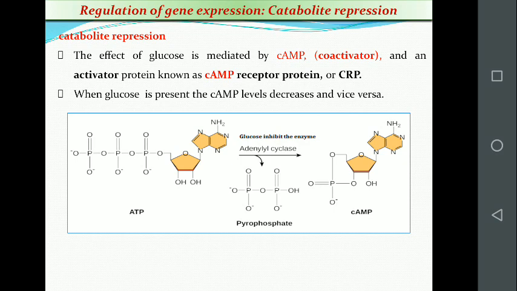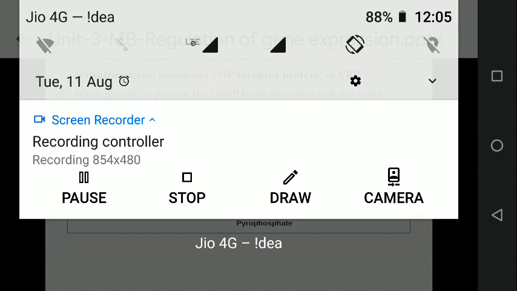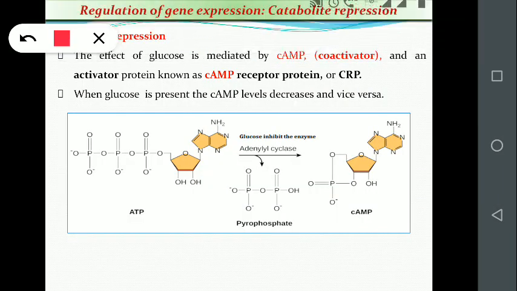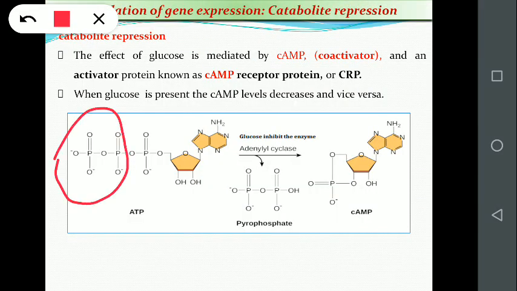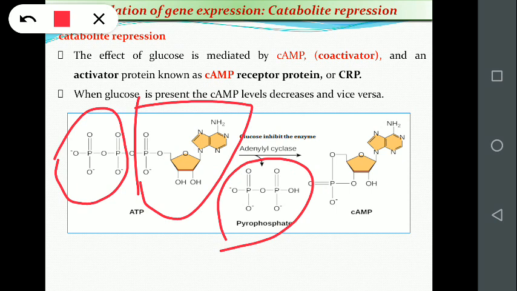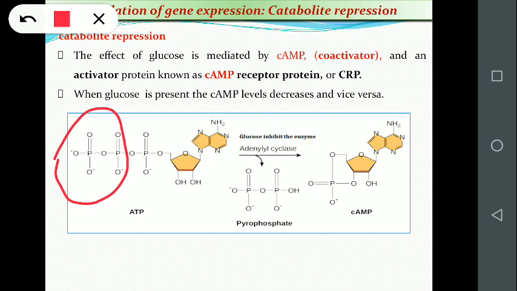If we remove the two terminal phosphates in the form of pyrophosphate, we get adenosine monophosphate. Clear?